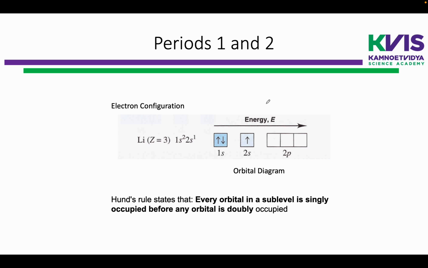So lithium has big Z, Z is equal to 3, which means I have to find a way to put my 3 electrons in this orbital diagram. So first electron, second electron, third electron. Right? So Hund's rule states that every orbital in the sublevel is singly occupied before any orbital is doubly occupied.